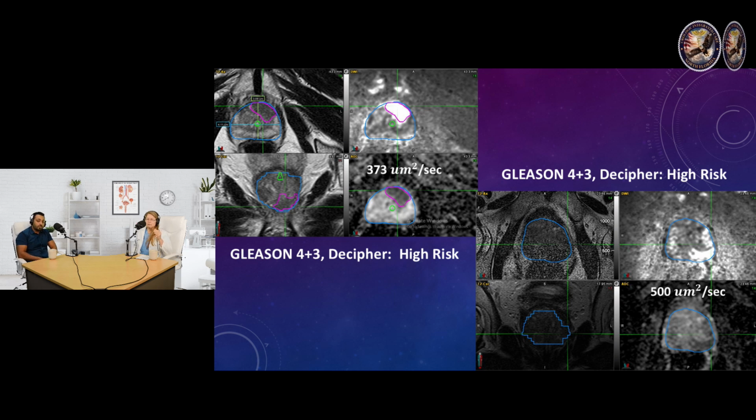But then when you look at the diffusion weighted image, you're like, aha, that is tumor there on the peripheral zone on the left side. And then you look at the ADC mapping, you see something. So that's what helped me in this case when I look at this MRI, which I didn't really see much on the T2 weighted image. But this ended up being a Gleason 4+3 with high risk Decipher.